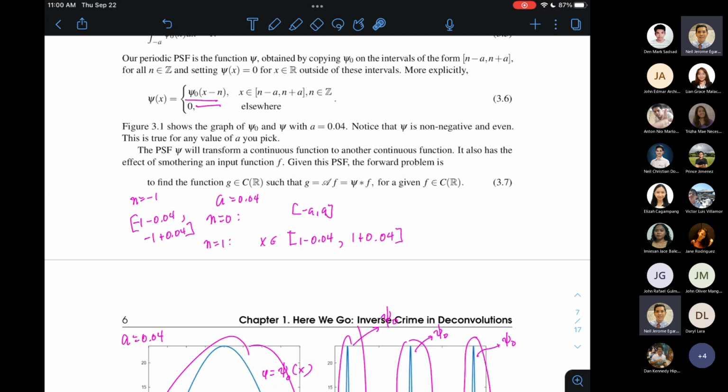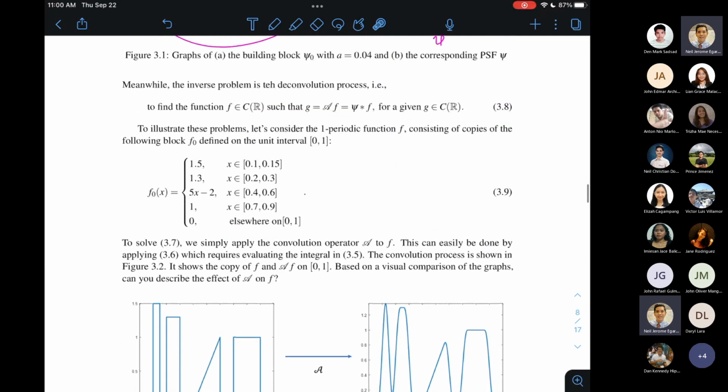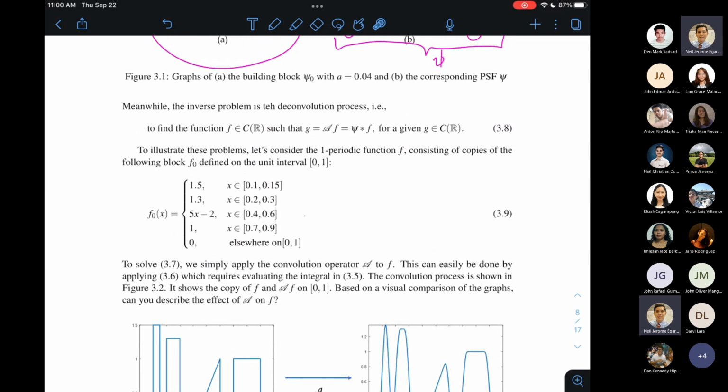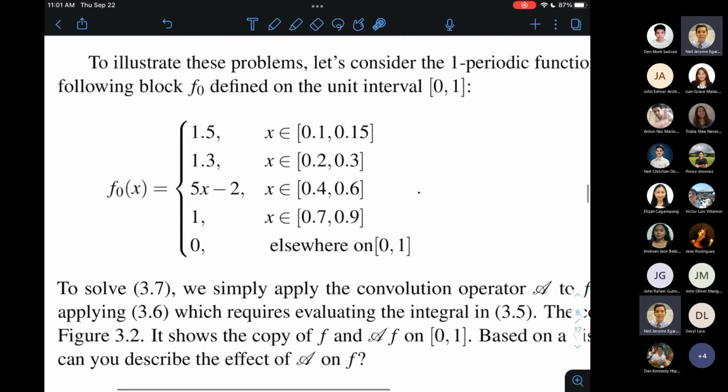Okay? Now, I actually did this numerically with one example. Suppose my function is this one-periodic function. Right? It's a conditional function. From 0.1 to 0.15 it equals 1.5. From 0.2 to 0.3 it equals 1.3.